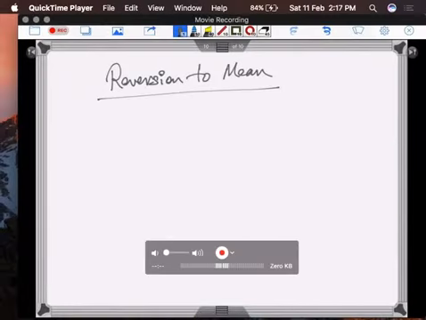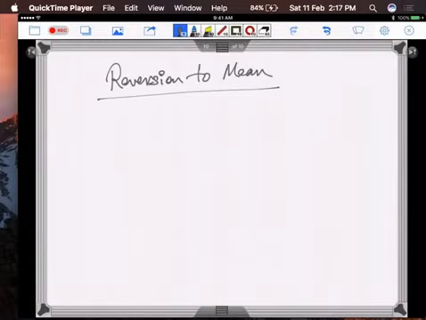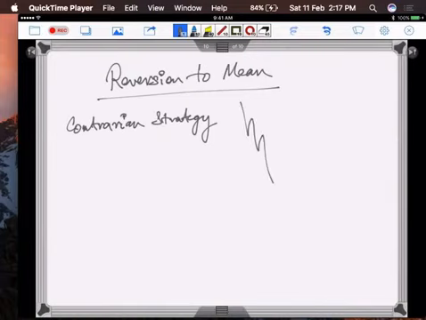Of the 3 trading strategies that we will be doing, the first one or third one, whatever you call it, is the contra strategies or the contrarian strategy. Contrarian strategy is against the trend. If prices are falling, contrarians will want to buy a falling market. If the trend is up, contrarians will want to sell a rising market.